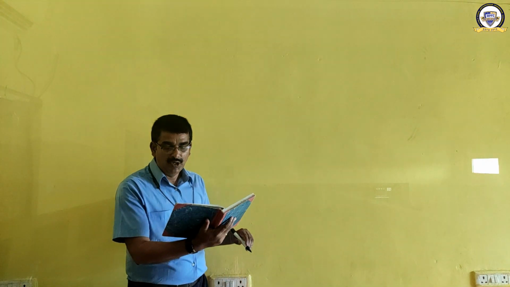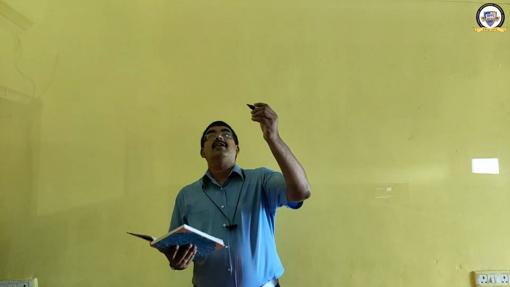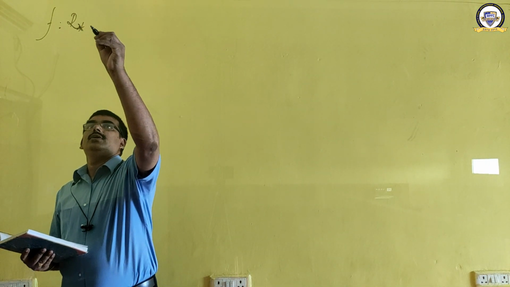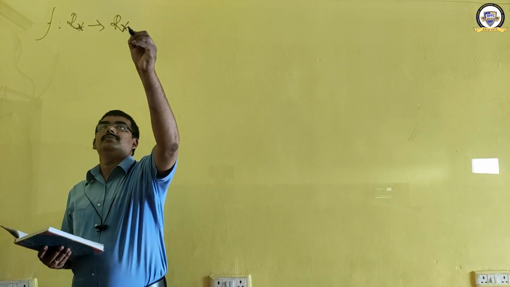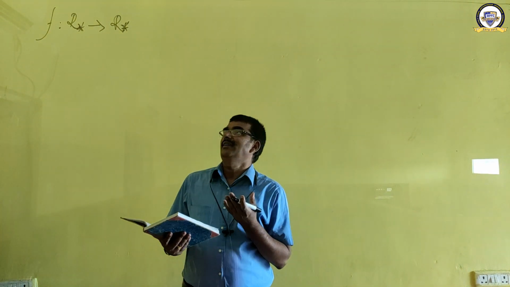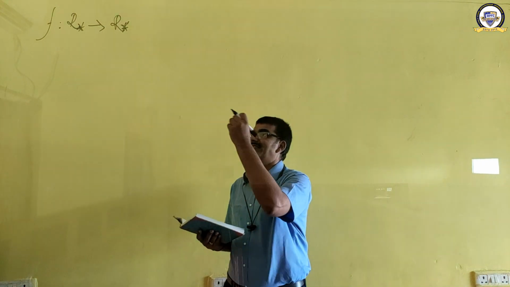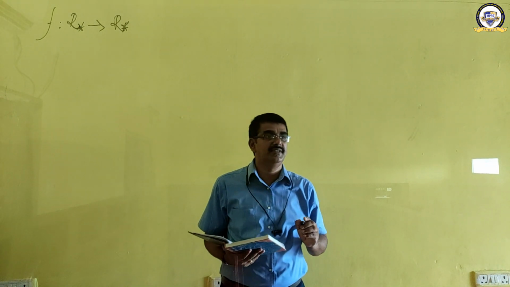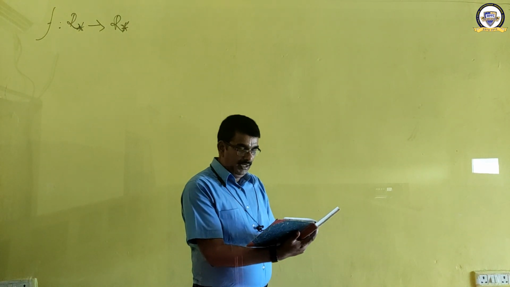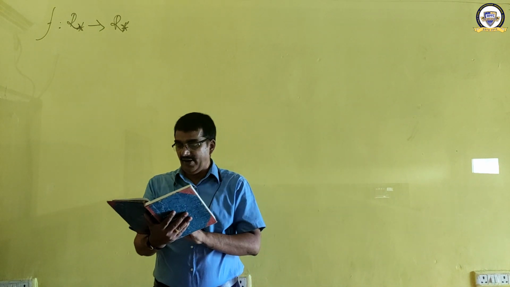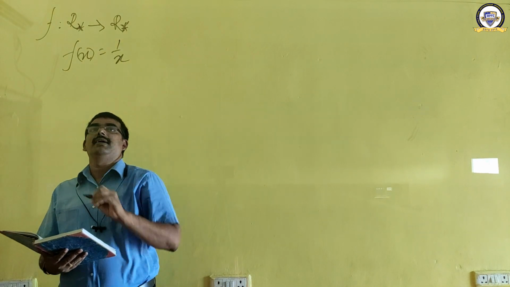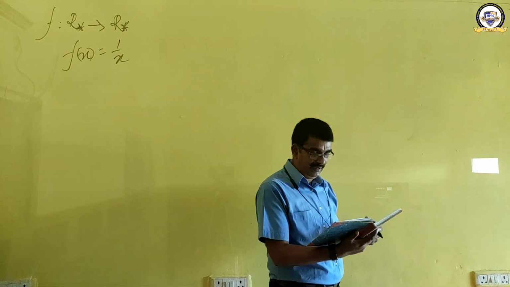I shall read the question. Show that the function from R star to R star, R star, that is of course real numbers, but with a star here, is defined like this: f of x is equal to 1 by x.